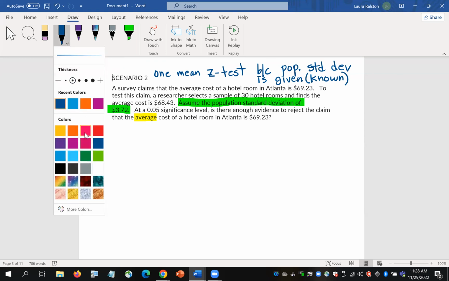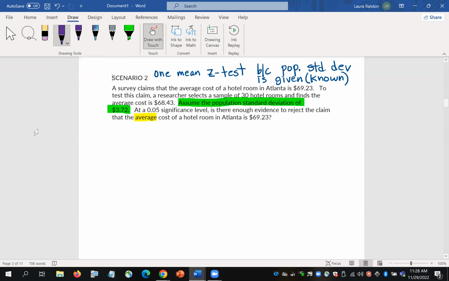We begin the process the same way we begin any hypothesis test. We begin by stating the hypotheses. And again, I think it's easier to work through the problem without trying to focus on the questions first. Go through your hypothesis testing process.